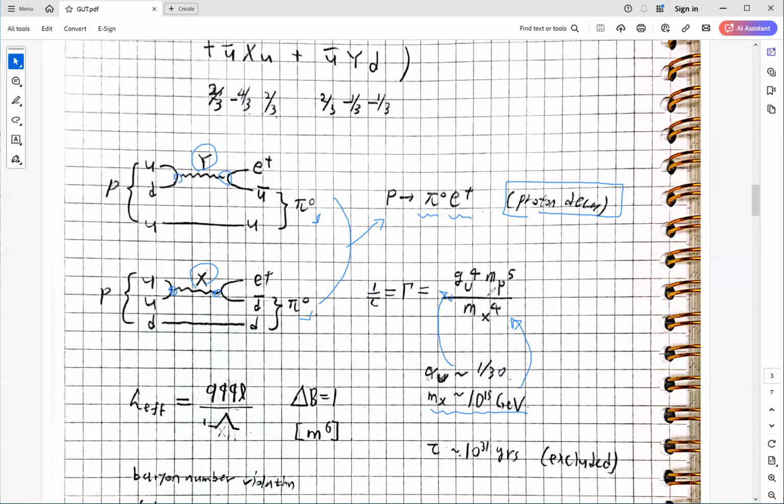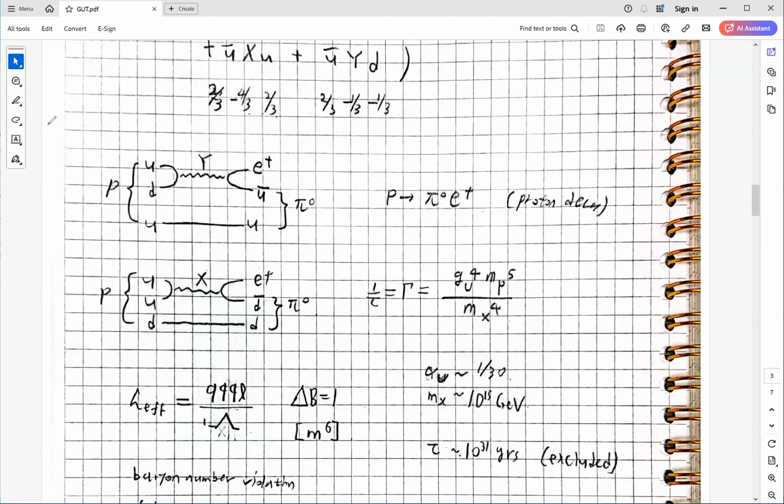And we know the proton mass, and by dimensional analysis, the decay rate has the mass dimension of mass. So the typical rate of the proton decay is given by this formula. By using that, we can estimate the proton lifetime in the SU(5) GUT model, and the lifetime is given by about 10^31 years. But the minimal SU(5) GUT is already excluded.